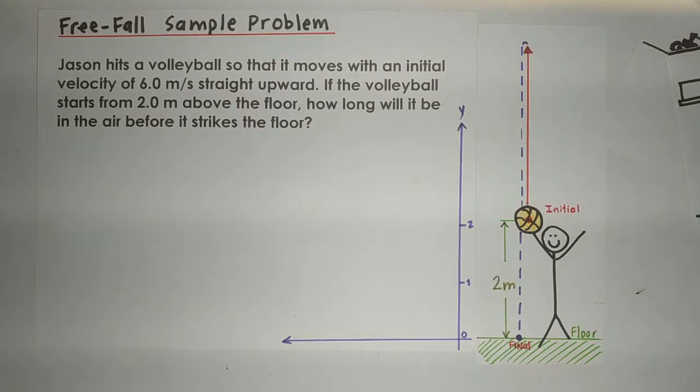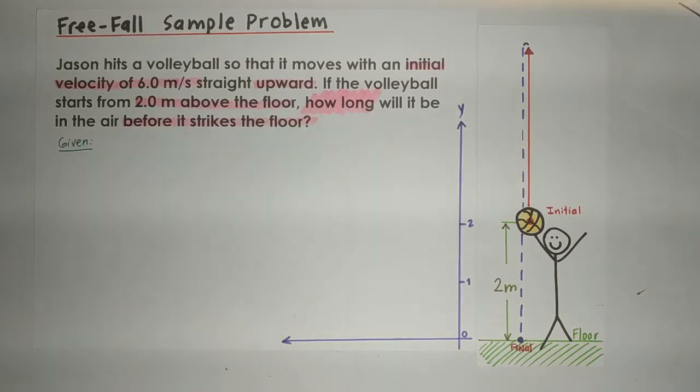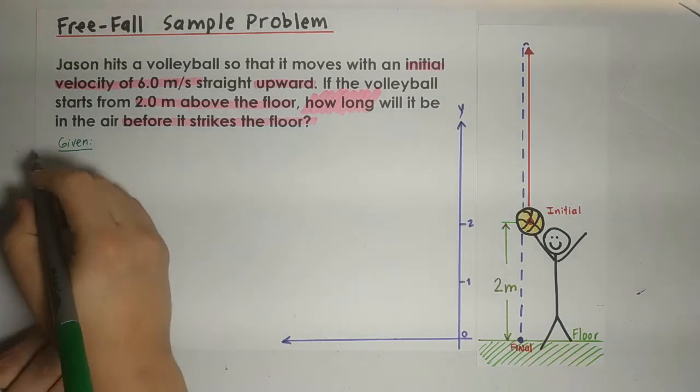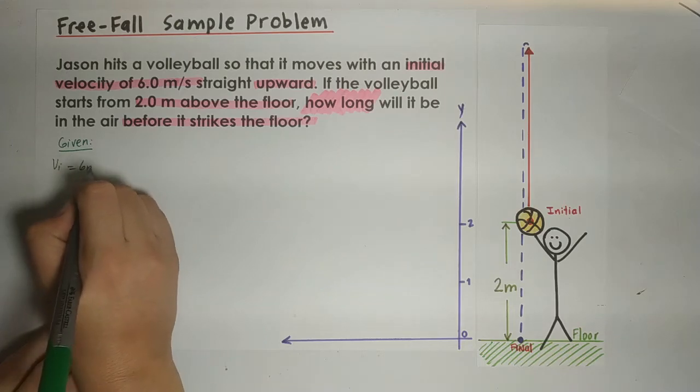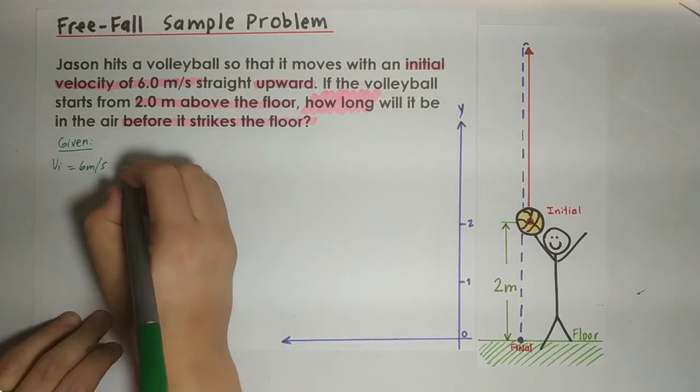Now, we need to point out the givens. Okay, I was highlighting the givens. Now it says the volleyball moves with an initial velocity 6 meters per second straight upward.